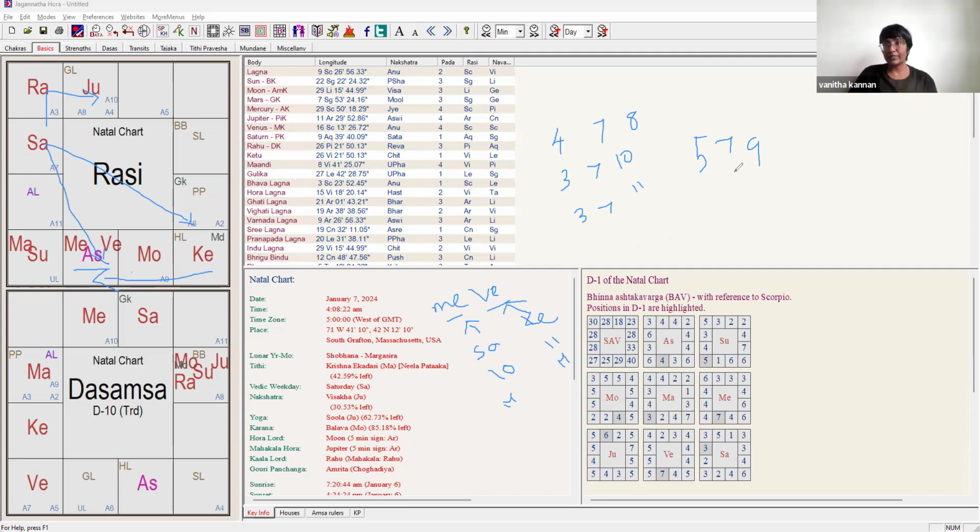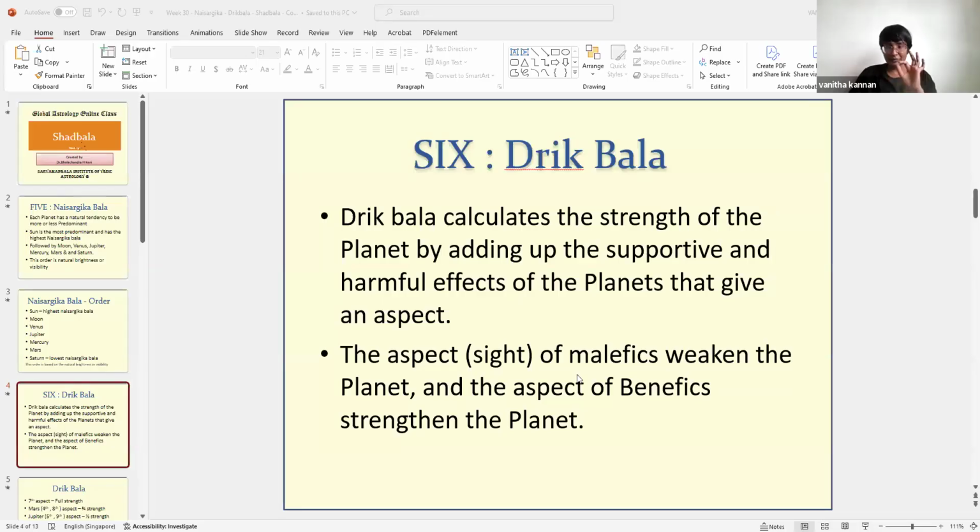Now I switch the screen again. Drikbala is based completely on the aspect only. How much strength the planet is receiving, whether the planet is in a good state or not, is determined by the aspect also. So for the Jataka we saw now, the Mercury and the Venus are receiving the aspect of two malefic planets, Saturn and Ketu.